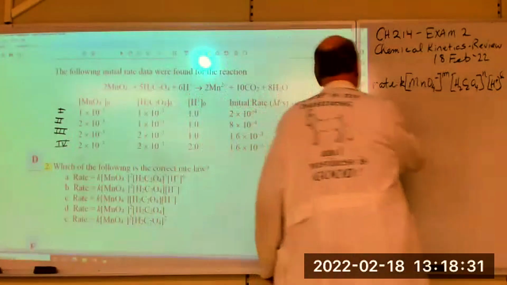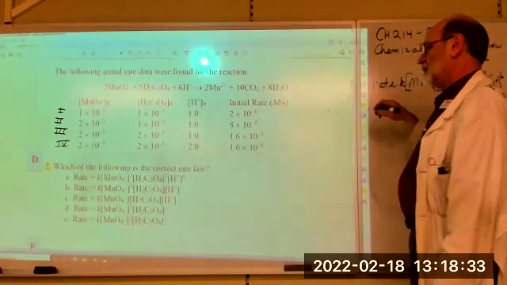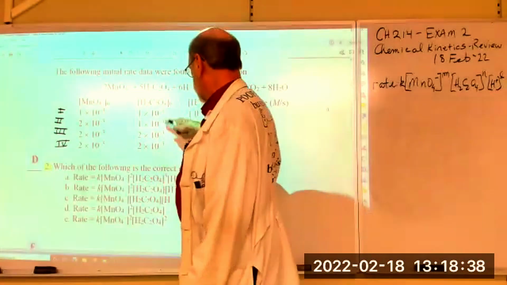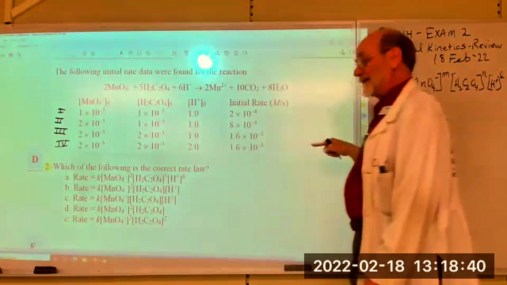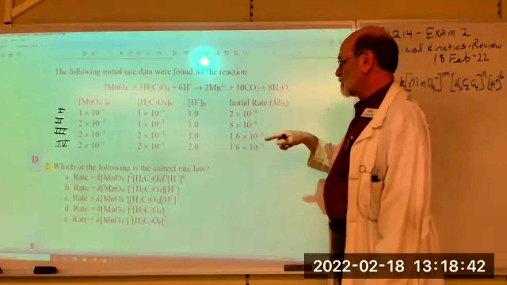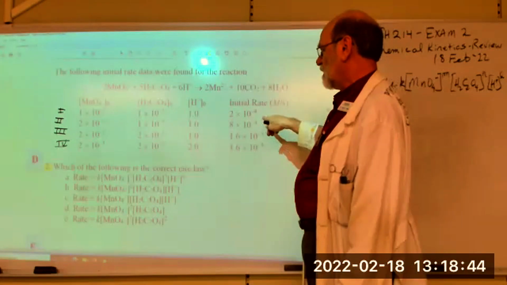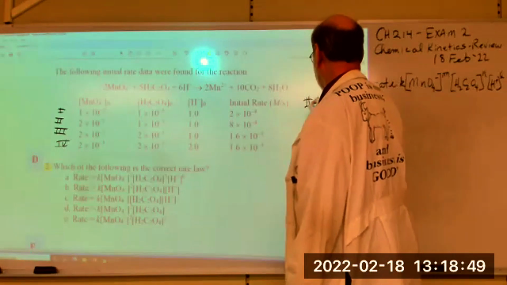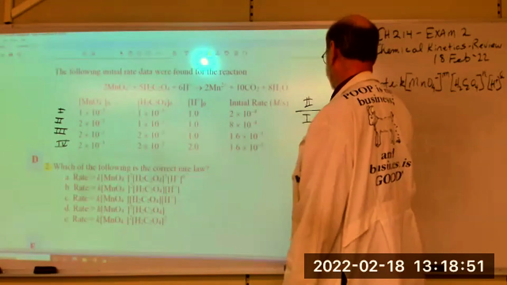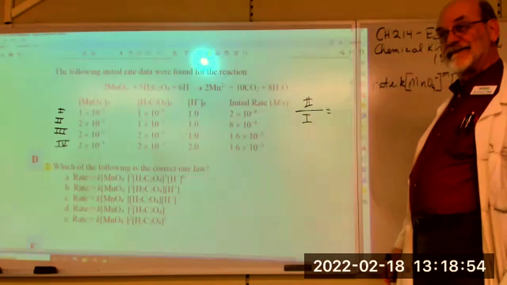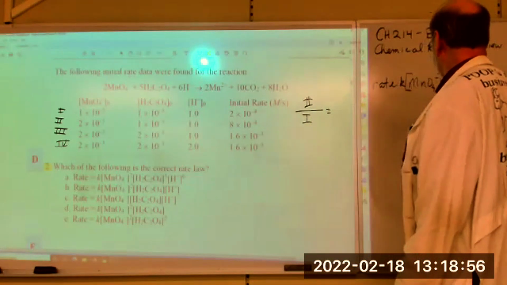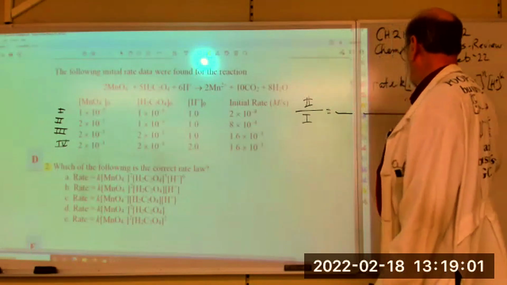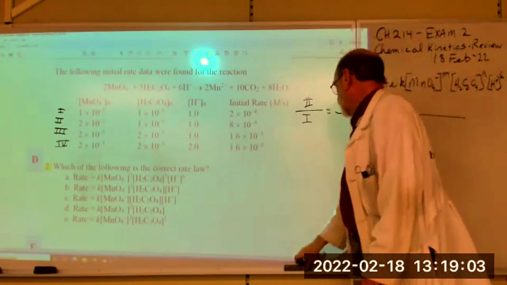All right, so in order to find the first one, it changes here, but it doesn't change for these others. So we're going to ratio, let's make the biggest on top, so we ratio 2 to 1.